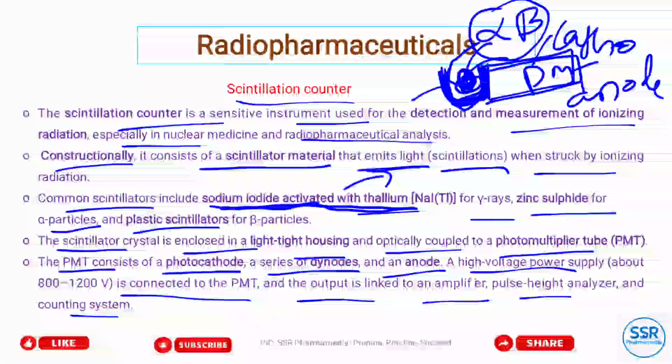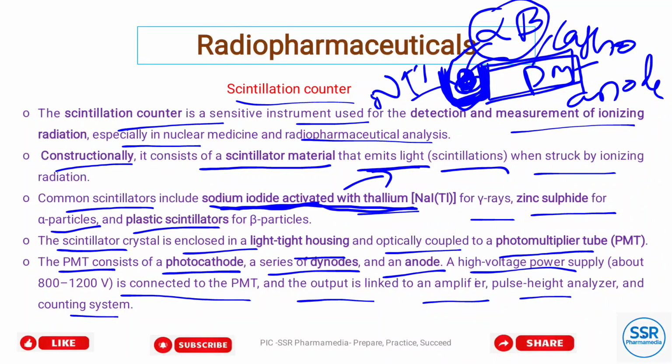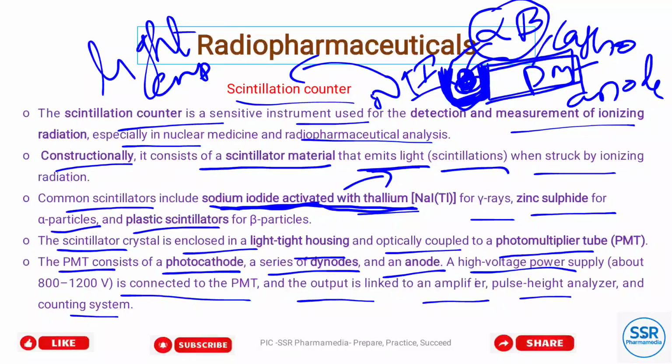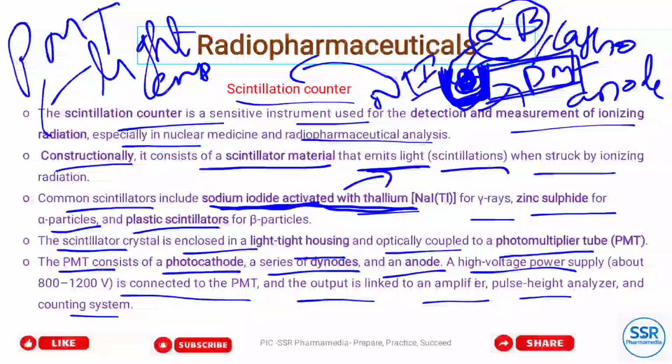The scintillation counter is already made up of sodium iodide and thallium. When the alpha and beta particles strike its wall, it emits a flash of light. That light is received by the photomultiplier tube, the PMT. Once received by the PMT, the light first enters through the cathode.